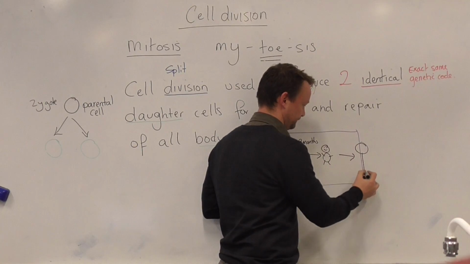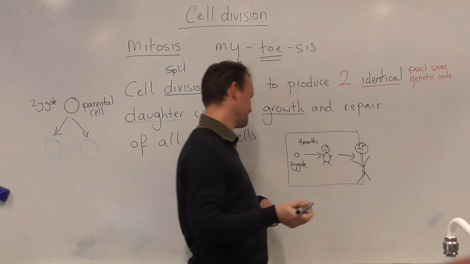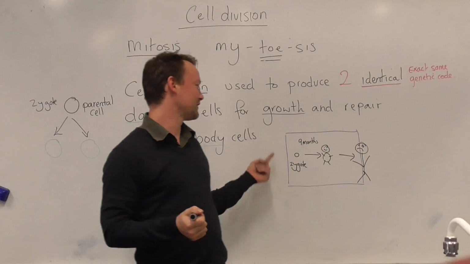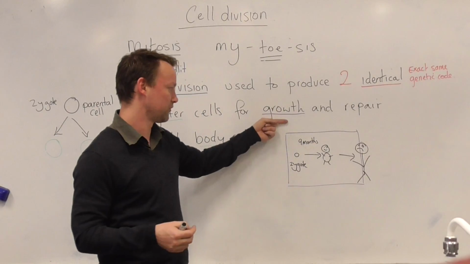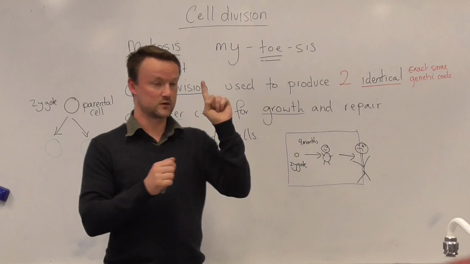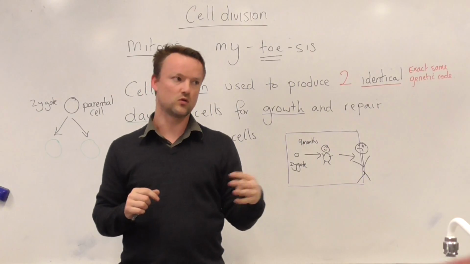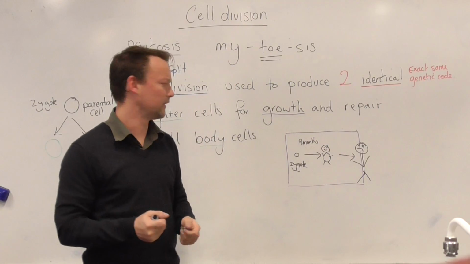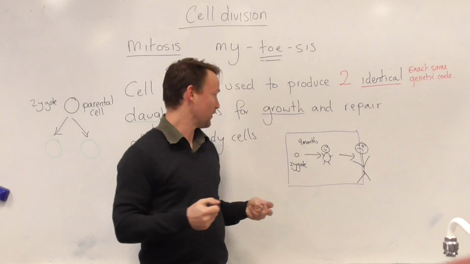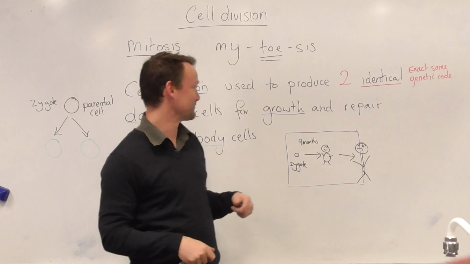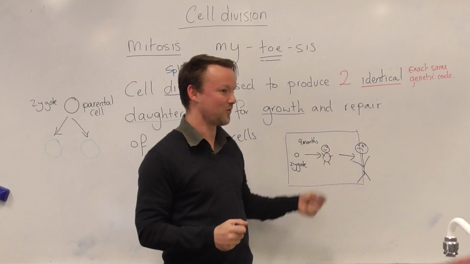This is my adult. He's obviously bigger. Not so happy. Okay? So how do you go from this to that? Well, it's just growth by taking one cell and dividing it into 2, 4, 6, 8. Hopefully you get the idea. Alright? When you hit adult, like I am, mitosis isn't so much for growth, but more of repair probably now.